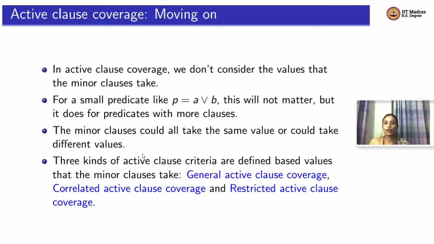One is called general active clause coverage, GACC. The other is correlated active clause coverage. The third one is restricted active clause coverage. It's not too complex, so we'll see what the definitions are.